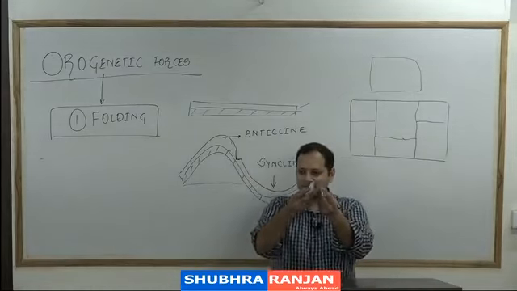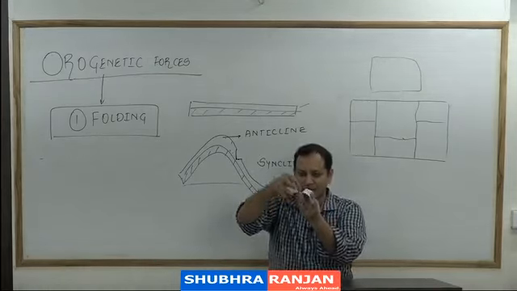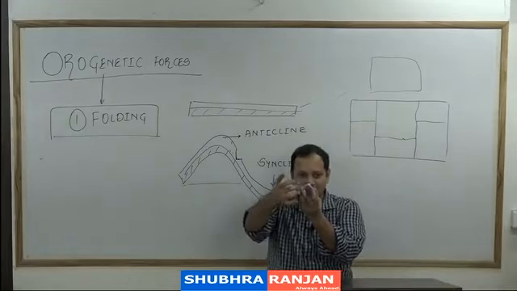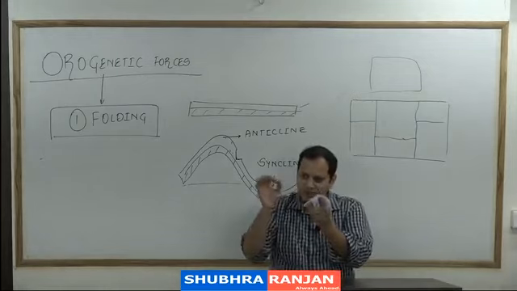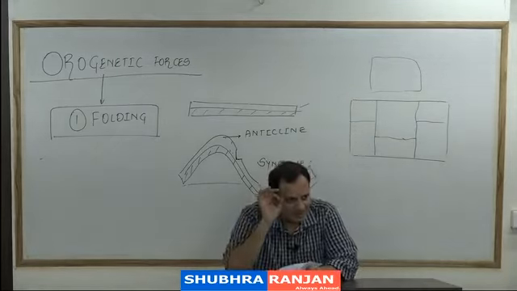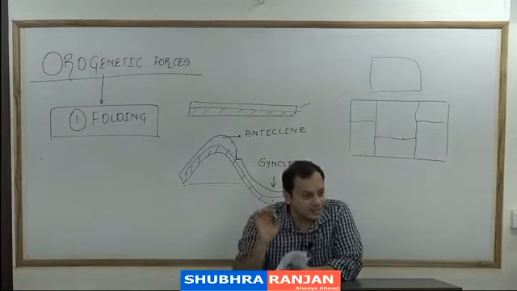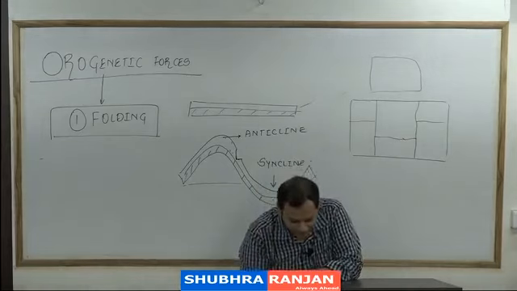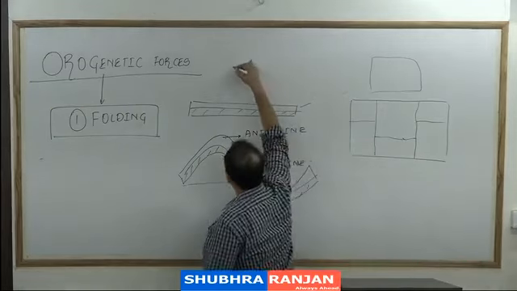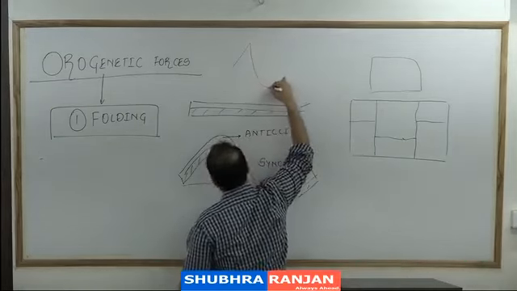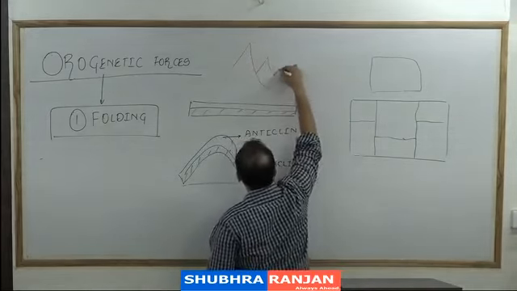Folding, if more force is applied, there will be more folding. So what is this? Anticline and syncline. Getting it? It is very obvious that in folding there will be anticline and syncline because forces are continuously being applied. Where do we see this in real life? Himalayas: Greater Himalayas anticline, then Middle Himalayas, then Shivaliks.